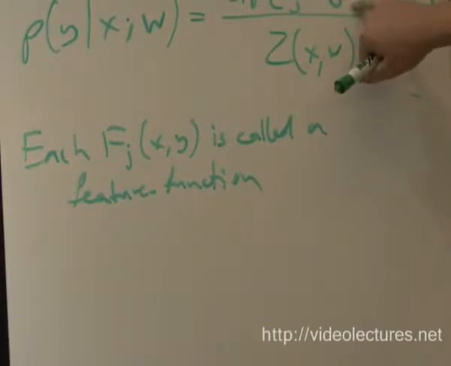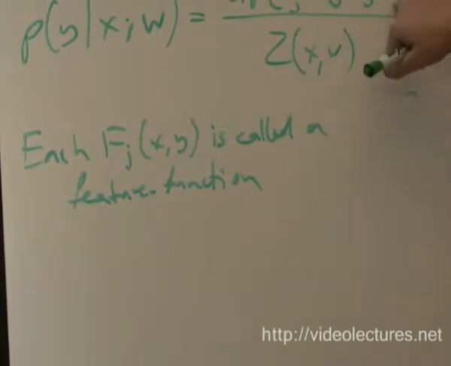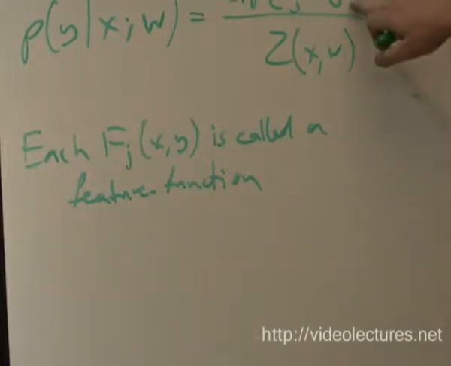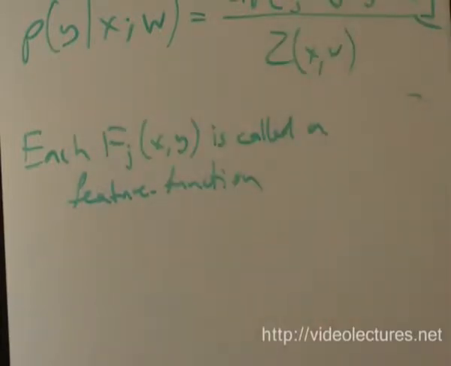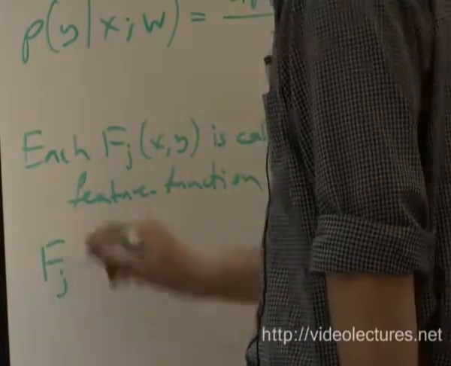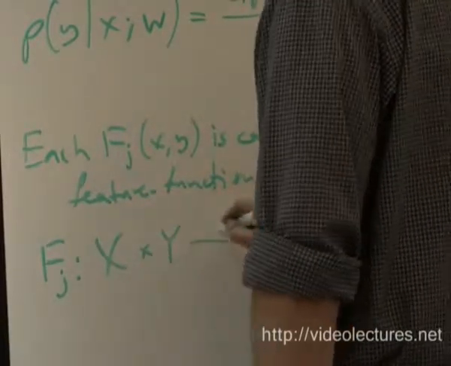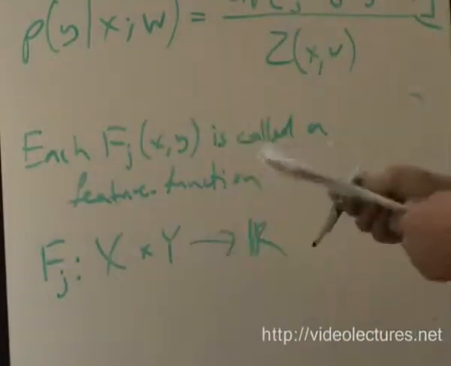In logistic regression, I had wj times xj, but here my x's are not necessarily vectors, so I couldn't multiply wj by xj. Xj might not even exist, but this function f plays the role of a feature, so I call it a feature function. Fj is a function from x cross y to the reals.